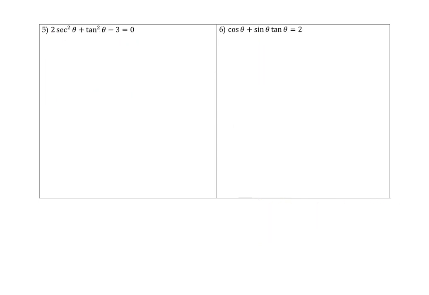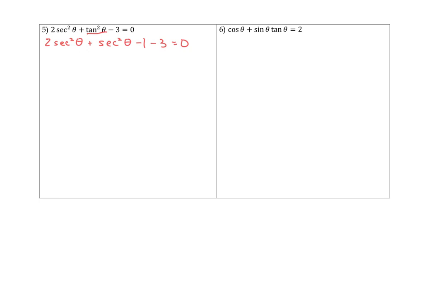Okay, I've got 2 secant squared theta plus tan squared theta. And I'm trying to think how to put these together. And if I remember my identities, then tan squared theta I can replace with secant. So I have 2 secant squared theta plus secant squared theta minus 1, because tan squared theta equals secant squared theta minus 1, and then that minus 3.